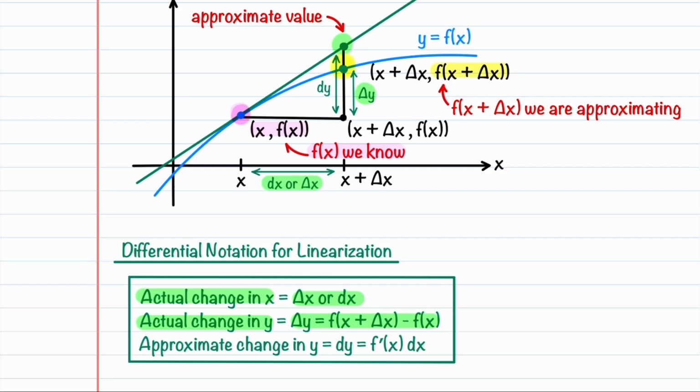And then we use differentials to approximate that actual change in y with dy, which is equal to f prime of x dx. That's this distance right up here, and that is the approximate change in y. The formulas with linearization and differentials look very different, but they are doing the exact same thing, and that is approximating a function value that is near a function value that is known.